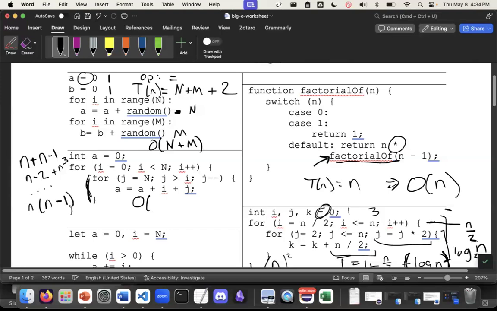I think it's minus 1 over 2. Thanks, calculus. And then if we expand this out, this gives us, was it n squared minus n over 2? And so we choose the highest term and ignore everything else, and this gives us O of n squared.